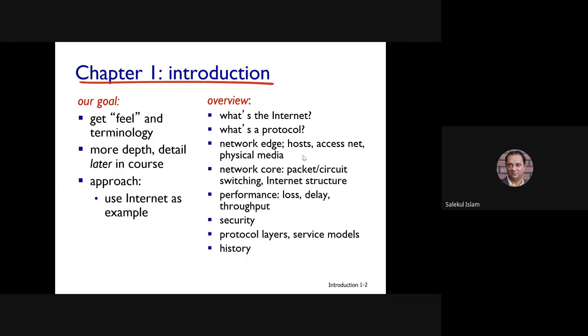We have some specific terminology about network edge, hosts, access network, and physical media. We are going to discuss those things. And then we are going to discuss what the network core is and what the function of the core is. The function of the core is packet or circuit switching. That means the main function of the core of the internet is forwarding packets.